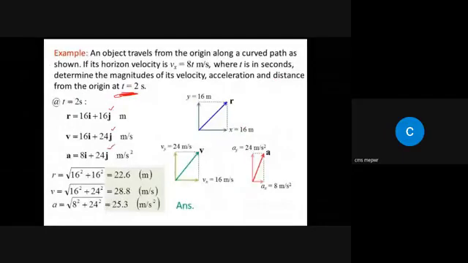This is in vector form. If you want to find the magnitude, how can we find it? The square of the x component plus the square of the y component, and the square root. You can get the magnitude of the distance, or the position vector which will give you the distance. We can find the magnitude of velocity and the magnitude of acceleration, right?